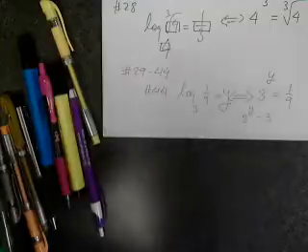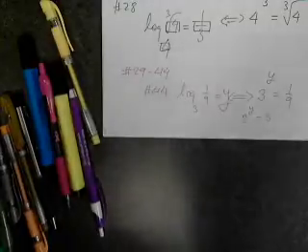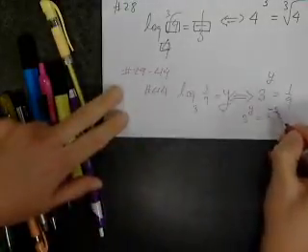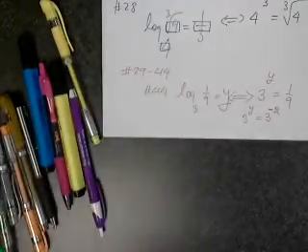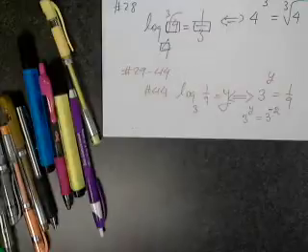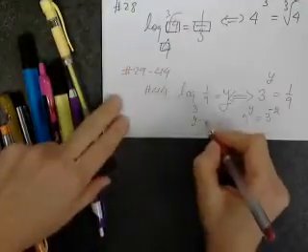Since it's a fraction, the power must be negative. Exactly. So now I have two numbers, they're equal to each other, and they have the same base, and I know the answer. y equals -2.